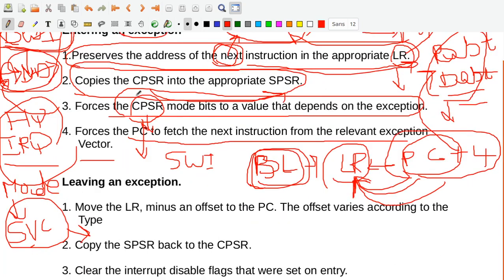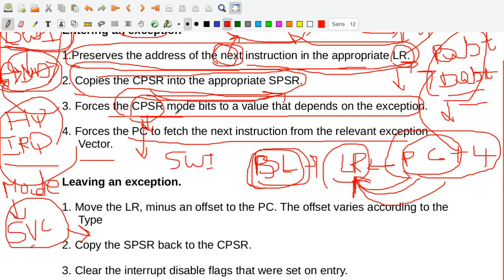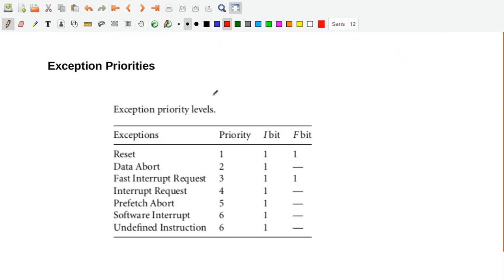It preserves the address of the next instruction, copies the CPSR into the appropriate SPSR, and forces the PC to fetch the next instruction from the relevant exception vector. Of course, depending on what kind of exception is thrown, you also handle the interrupt flags, the I bit and the F bit.